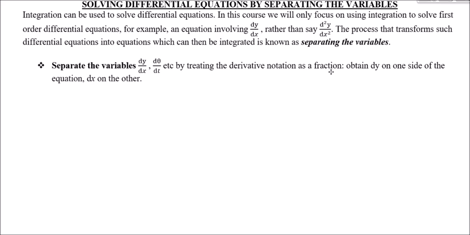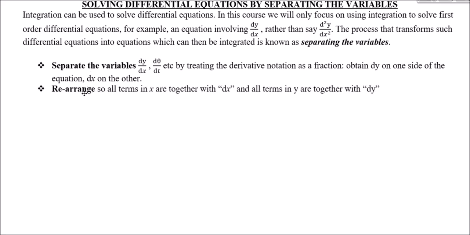So what we do essentially is multiply by dx or dt, or whatever is on the denominator, to get stuff to do with dy on one side of your equation and stuff to do with dx on the other. Then we need to rearrange the differential equation so that anything to do with x is on one side with dx and everything to do with y sits together with dy.